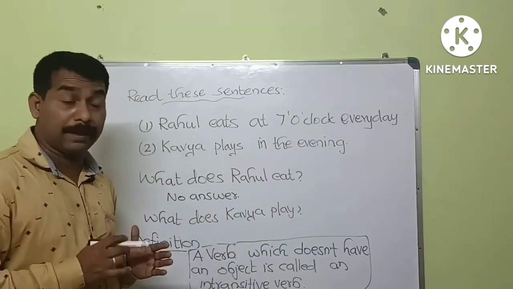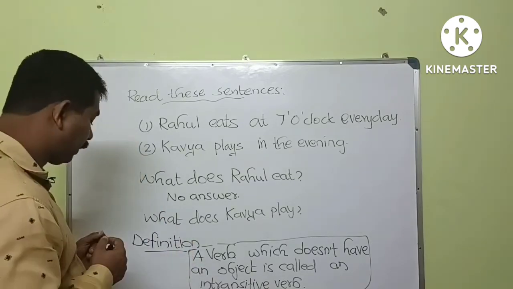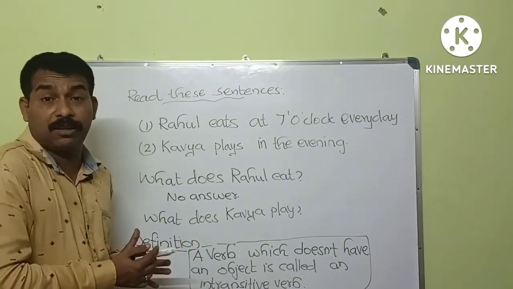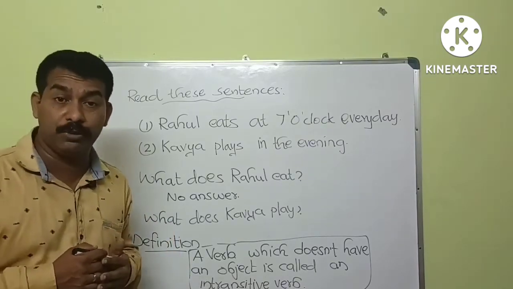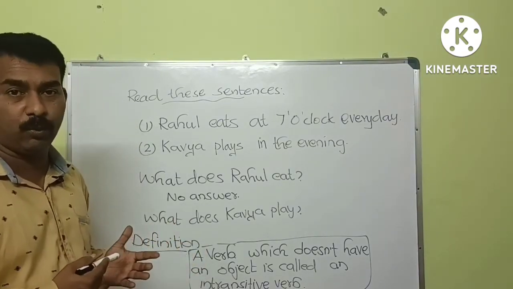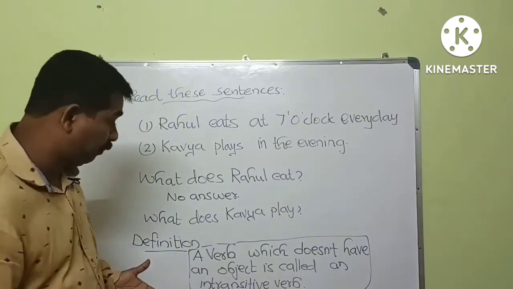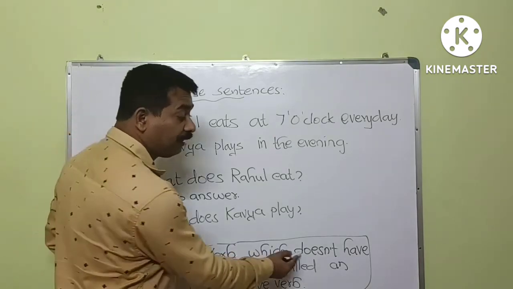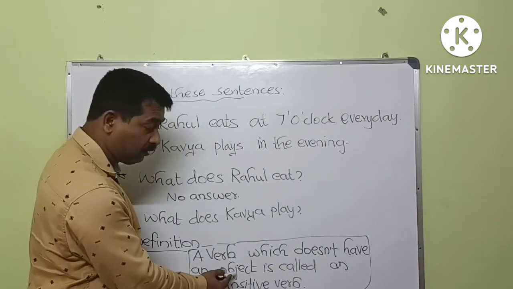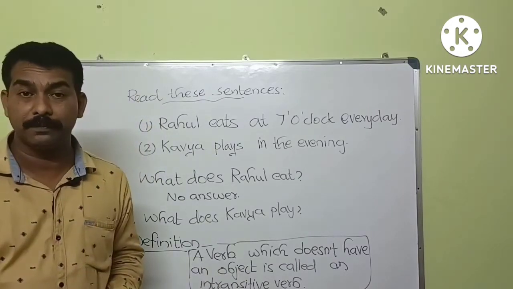The action of the subject doesn't affect anything or anyone. The verbs in these sentences do not have objects. Such verbs are called intransitive verbs. We have the definition of an intransitive verb. A verb which doesn't have an object is called an intransitive verb.